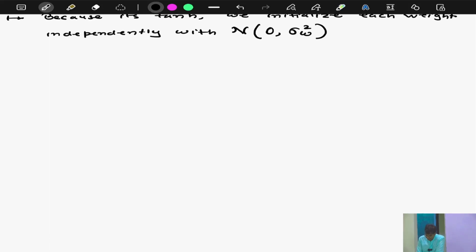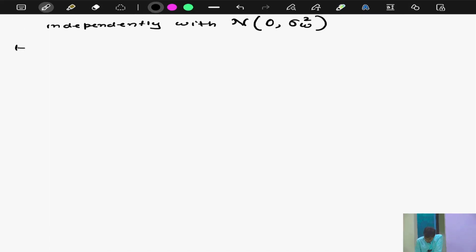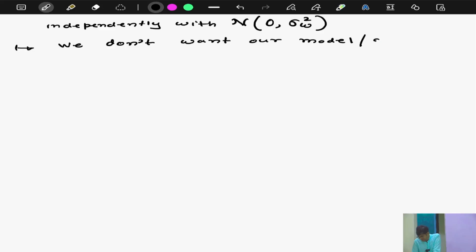And then the next thing I am saying, we don't want our model or model gradients to either blow up or shrink.